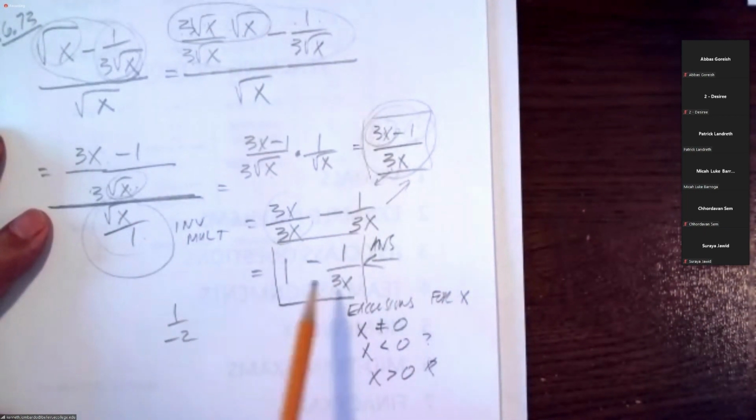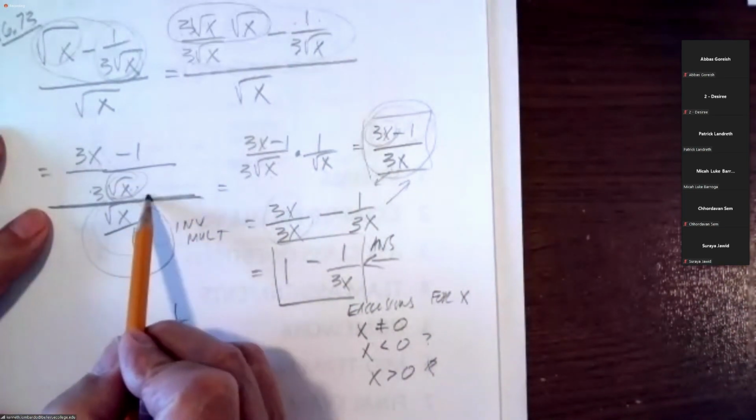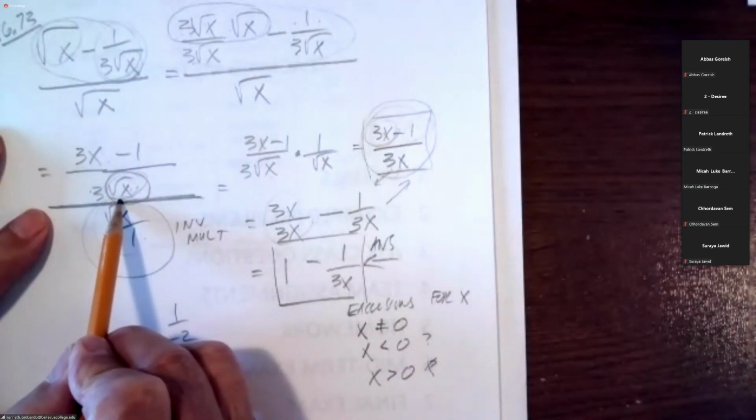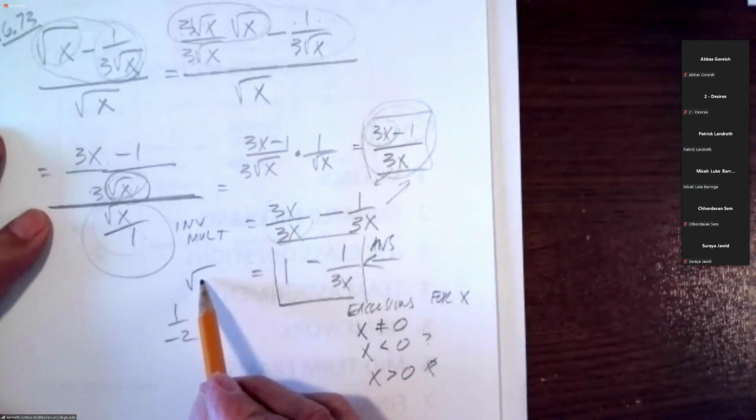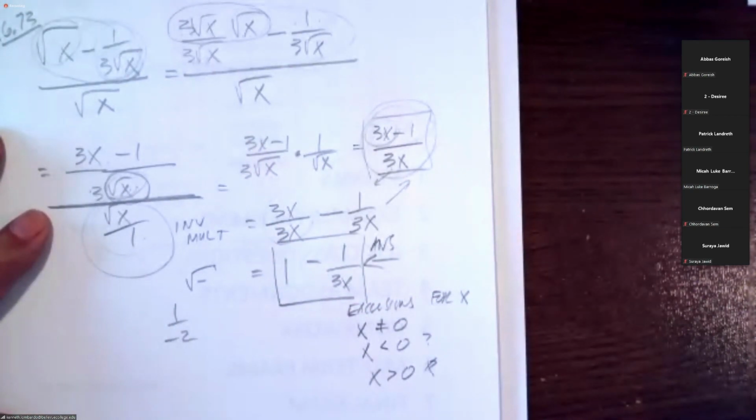Look at what this denominator is here: it's a root x. So if x were a negative value, you'd have a root of some negative value. Is that a real number? No. So x has to be greater than 0. Not only can it not equal 0, it has to be greater than 0.